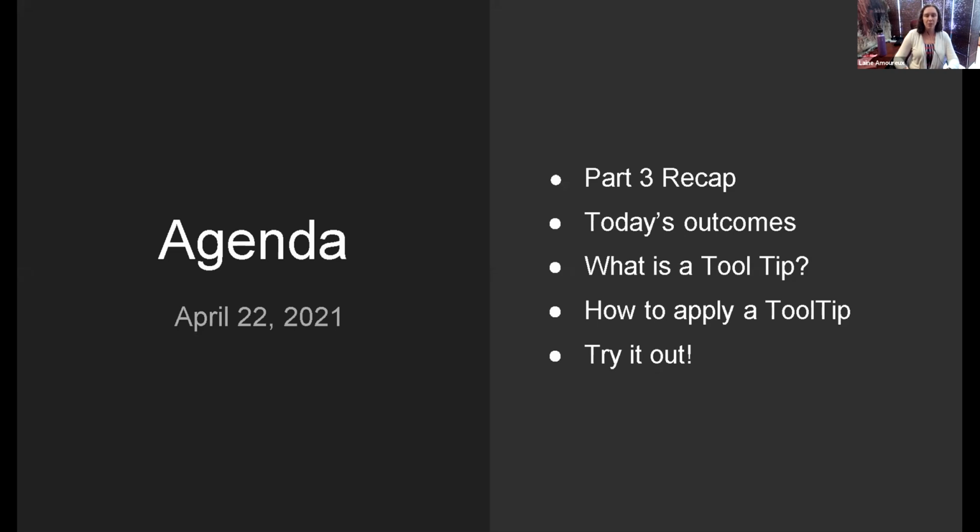And then our outcomes for today, we're going to be able to define what a tooltip is and how it impacts accessibility. You'll learn how to apply the tooltip and get a chance to really put that to work. I know Sharina is also going to be working quite a bit on the communication piece, how to say what needs to be said in a tooltip to elicit the answer that you want.